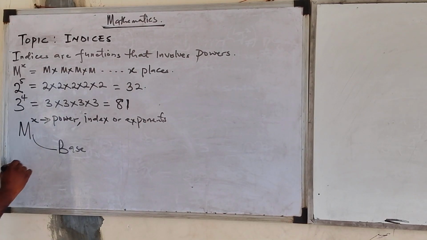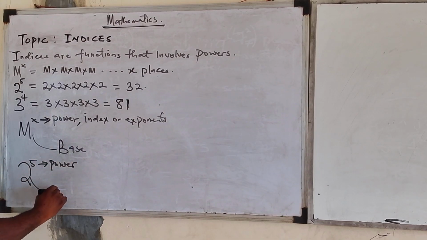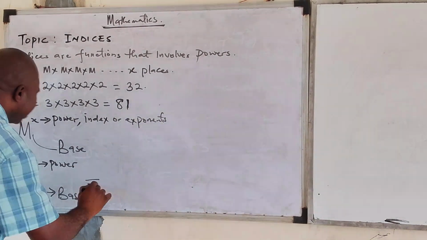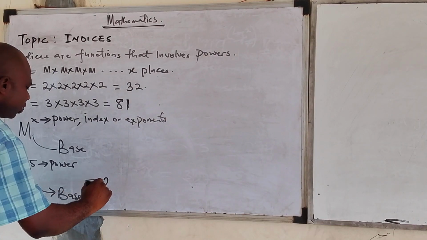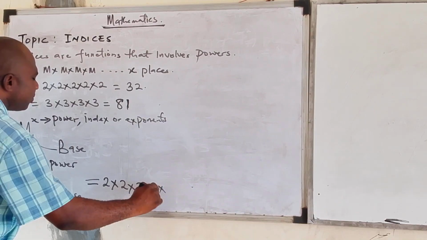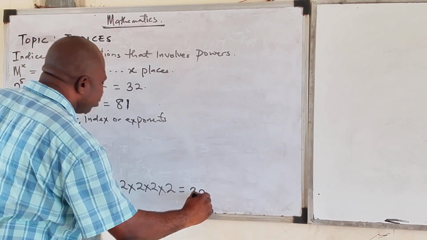So it means when you have 2 raised to the power of 5, this 5 here is the power, and 2 here is the base. And we have seen the meaning of this. 2 to the power of 5 is 2 times 2 times 2 times 2 times 2, 5 places, which gives us 32.